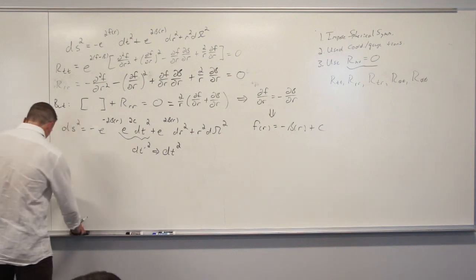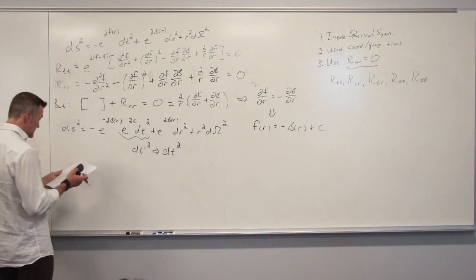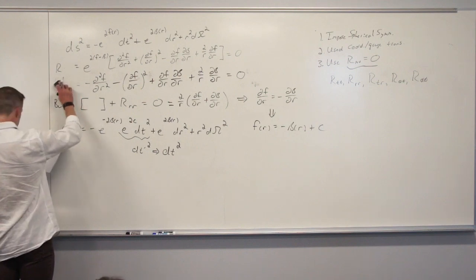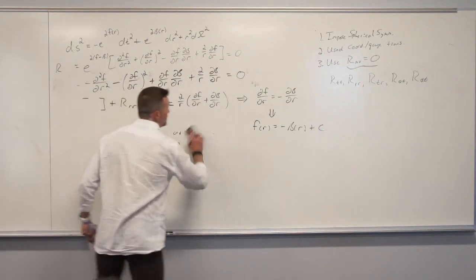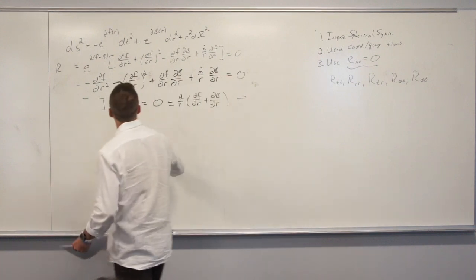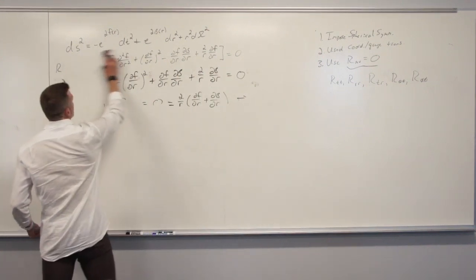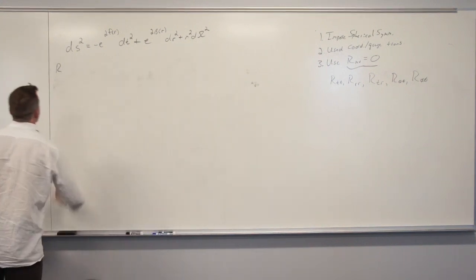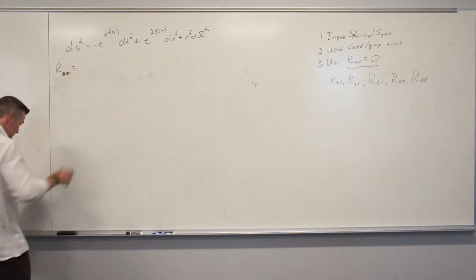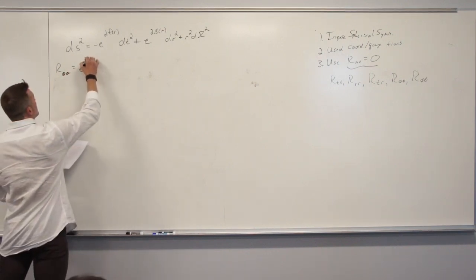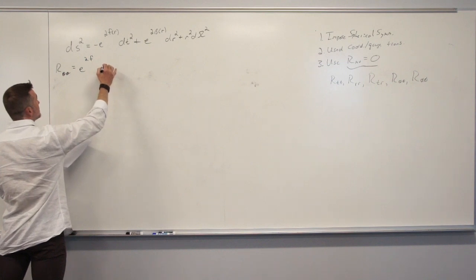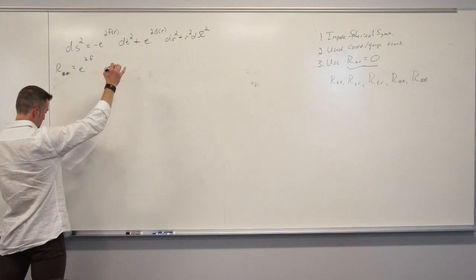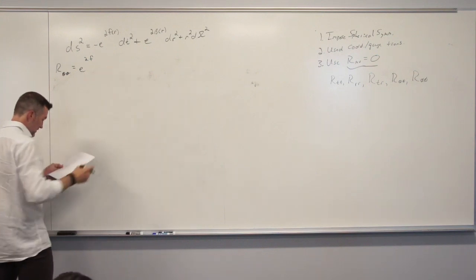All right, and then last but not least, I take all of this and head back to the theta-theta equation one last time. I get e to the 2 beta minus 2r, plus 1.